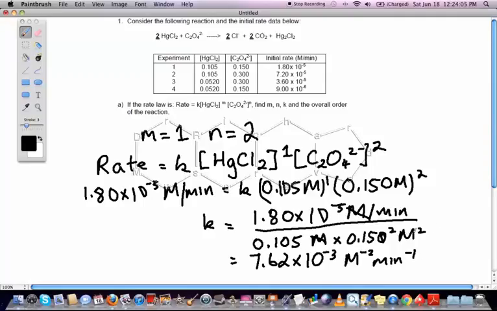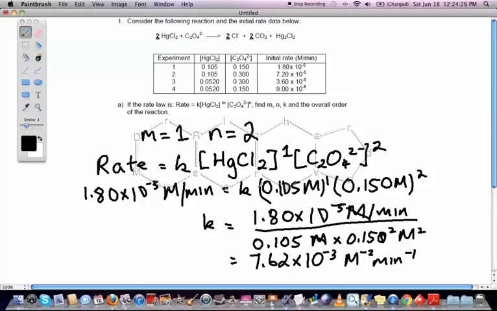Now the reason it's M to the negative 2 is because the M squared is on the bottom, and whenever a power is on the bottom, it always turns into a negative. So that's how we can get the units of k. So it's M to the negative 2 per minute. That'll be the units on little k over here.